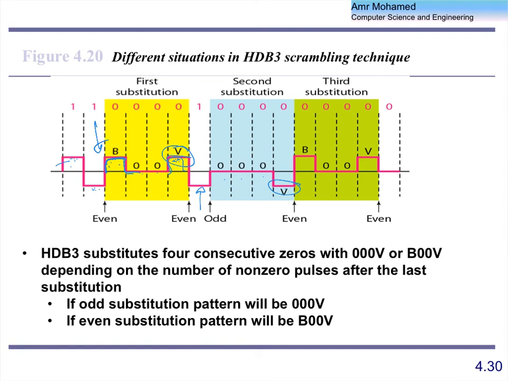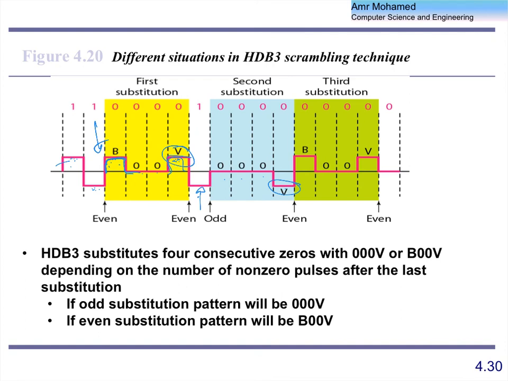So if it's even, we add an odd number of positive voltages, and if it's already odd, we add another odd to make it even. So we have again 2 signal combinations to add for the case where the number of ones is even and where it is odd. And here it's more conservative because it maps each 4 zeros, not 8 zeros.